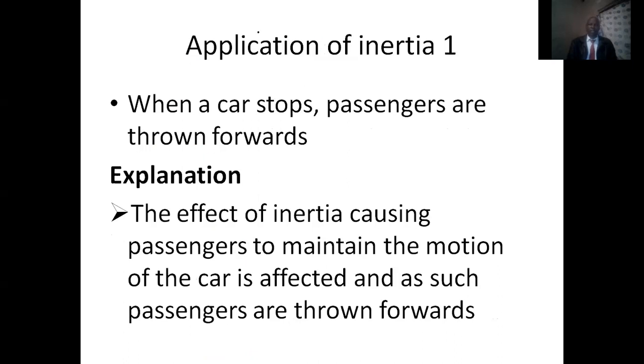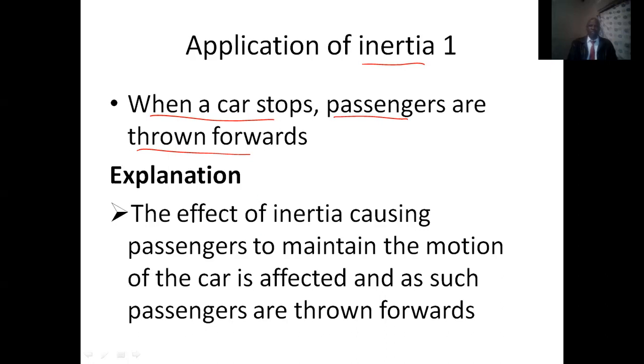We can apply inertia in different ways. One familiar way in which people experience inertia in day-to-day life is people traveling as passengers in cars. When a car stops, the passengers are thrown forwards.